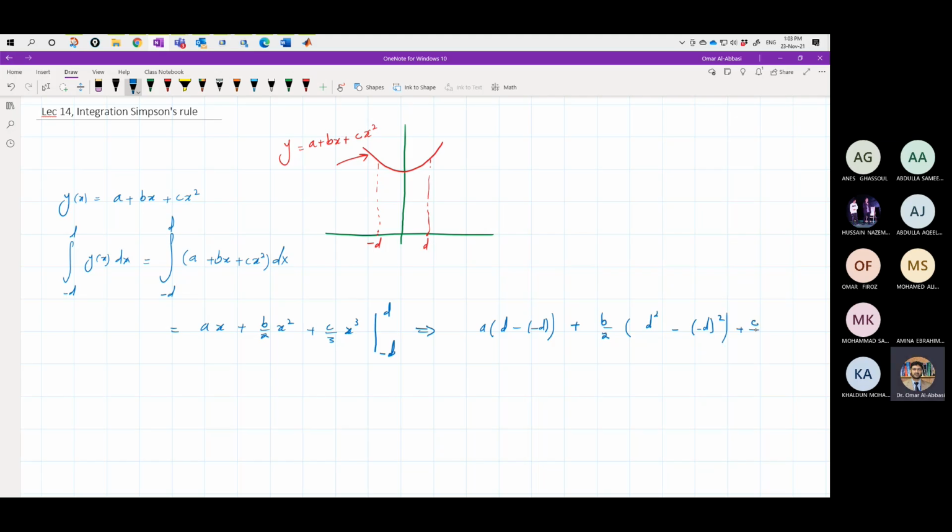Plus c over 3 times d cubed minus minus d cubed.